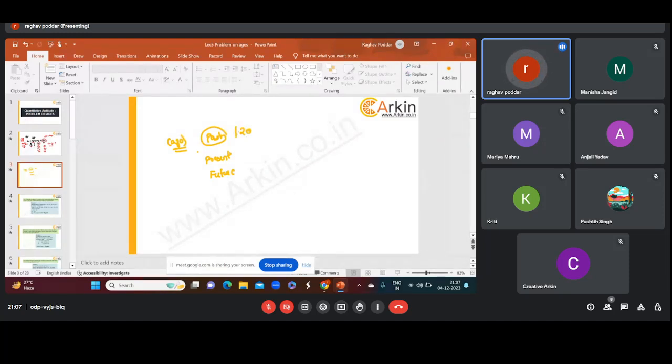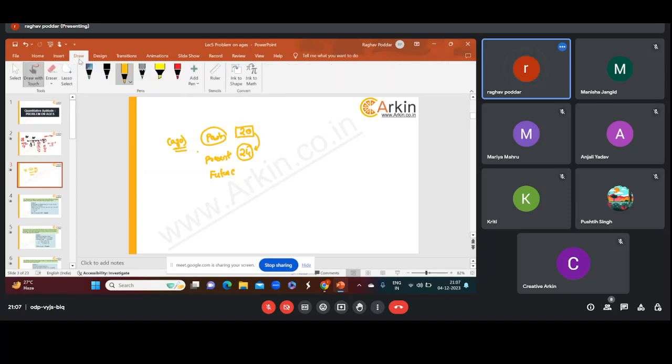So from past, if you want to come in present, you have to add 4. So from past, if you want to come in present, what will you do? You will add. Now, you have been told what will be his age 4 years hence.